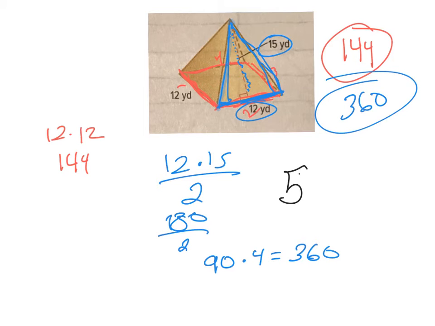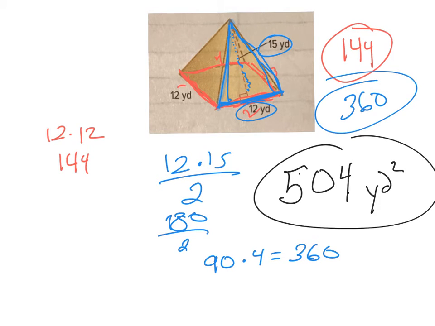And it's not 540. I'm just looking at my math right now. It's 504 yards squared. I made a mistake in my addition of these two. Okay, so the surface area of this pyramid is 504 square yards.